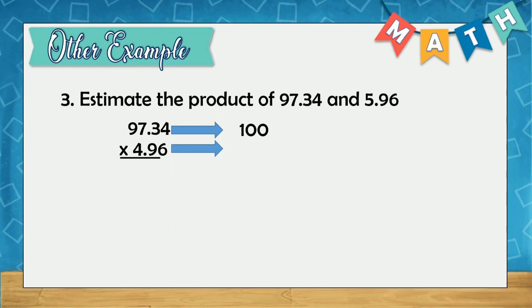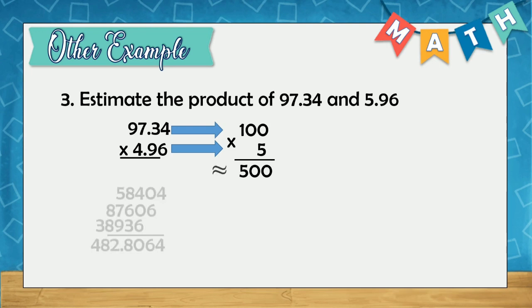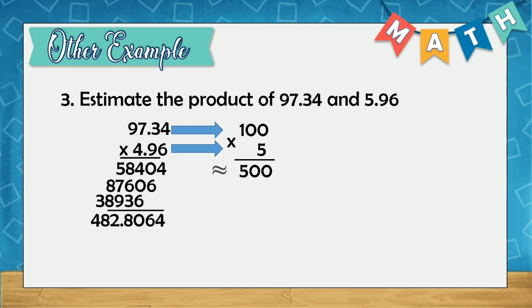This number is closer to 5. And then we're going to multiply the rounded factors, and we get 500 as an estimate. If we're going to get the exact answer, we can see that our estimate is close enough to the accurate or exact one.